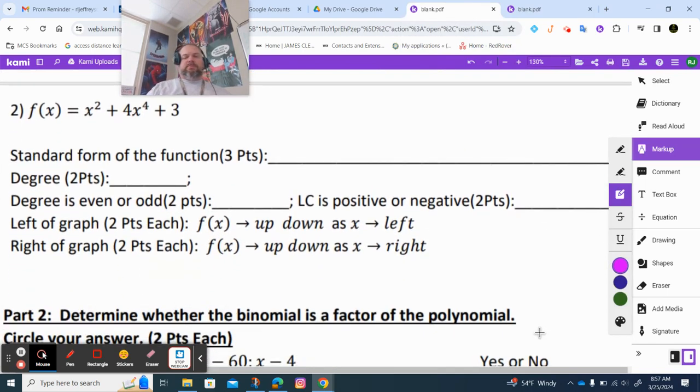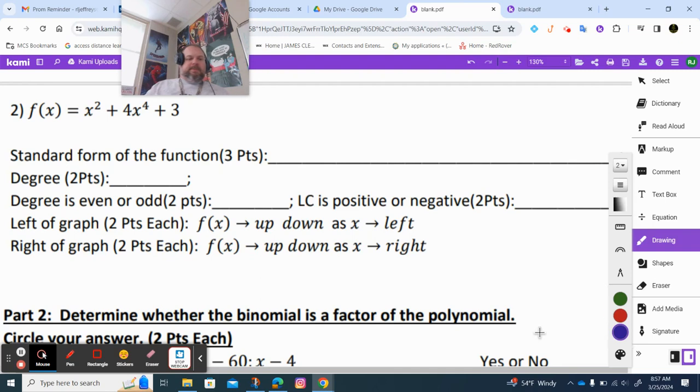All right, number 2. So this should be 4x to the 4th plus x squared plus 3. All right.